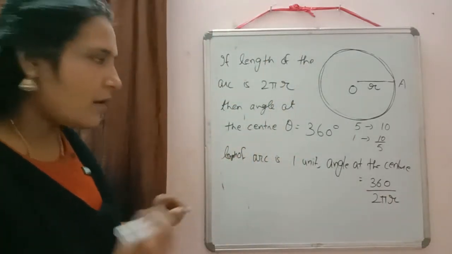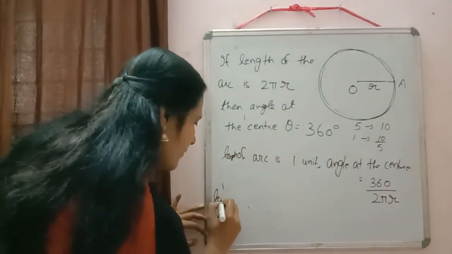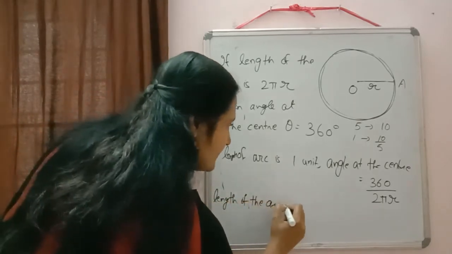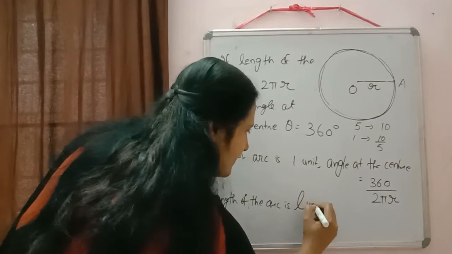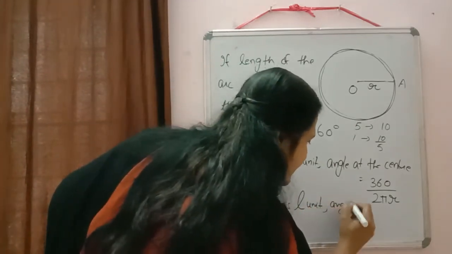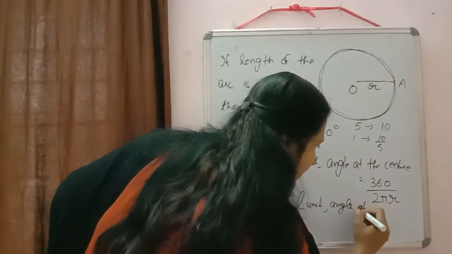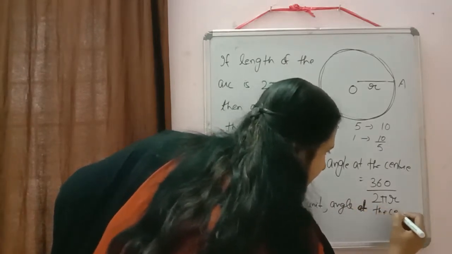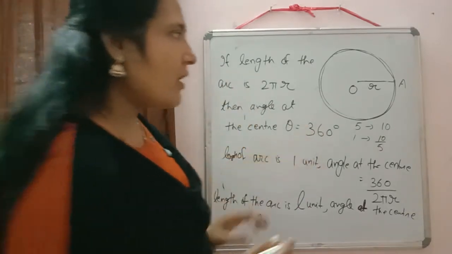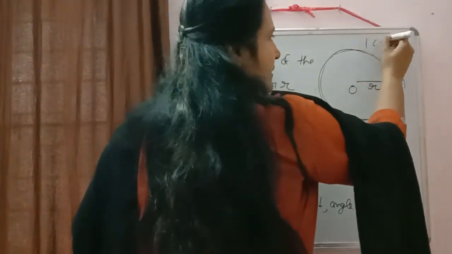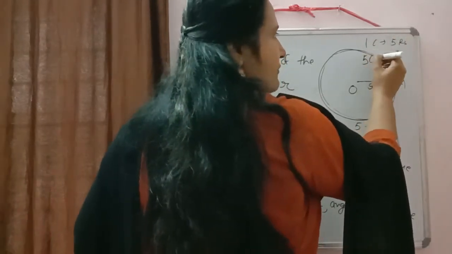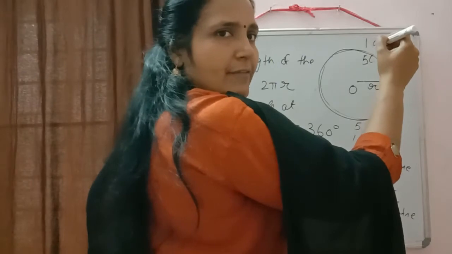Correct? Now we will write, if length of the arc is L unit, then what will be the angle at the center? Angle at the center theta is equal to, again, if cost of one chocolate is 5 rupees, then what will be the cost of 5 chocolates? 25 rupees.